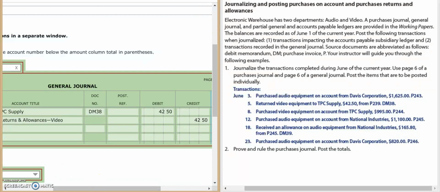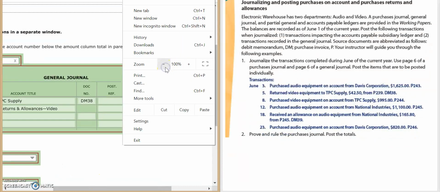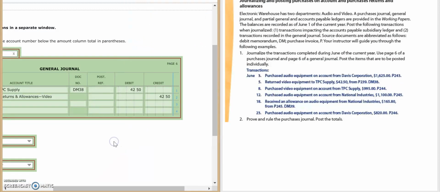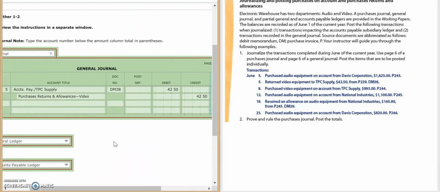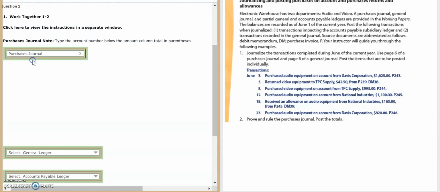I'm going to see if I can make this a little bit smaller here, if that helps. Hopefully that makes some sense there. Let's go back and look. Our next one is on June 8th. We purchased video equipment on account from TP Supply. Because we're purchasing on account, we are going back to our purchases journal.